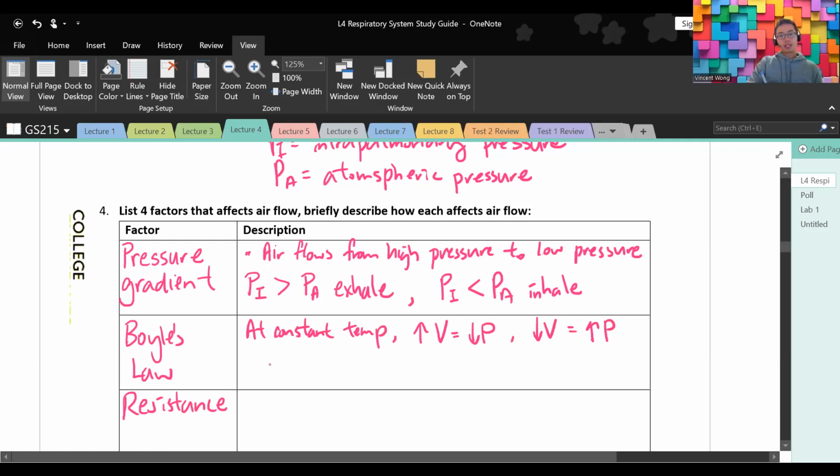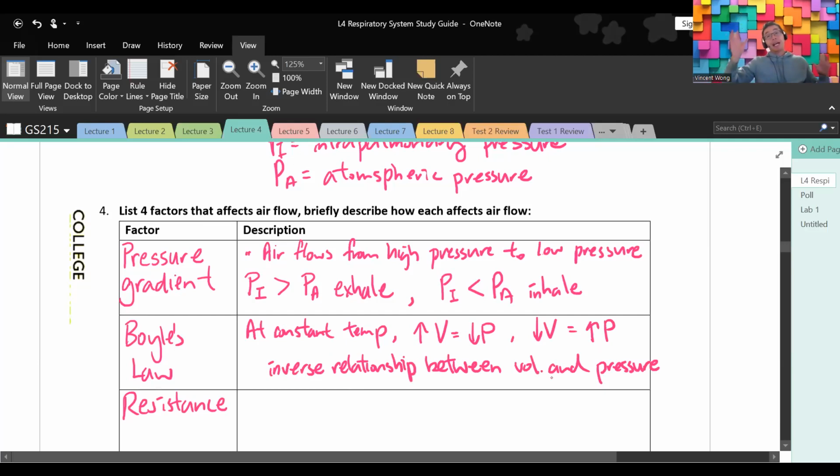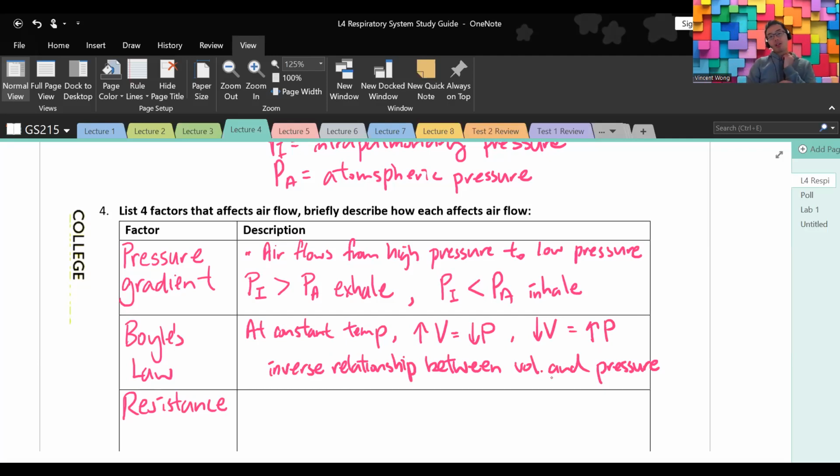In other words, there is an inverse relationship between volume and pressure. One goes up, the other comes down, as long as temperature is kept constant.